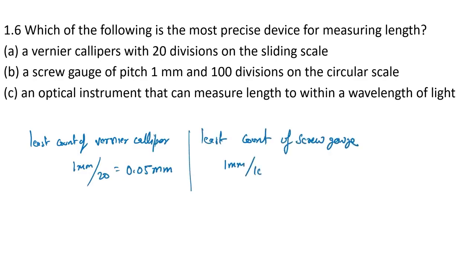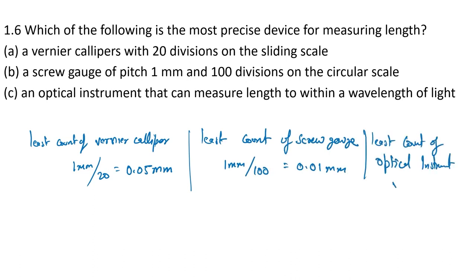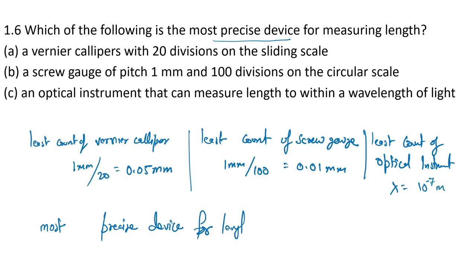The least count for the screw gauge would be equal to 0.01 mm, and the least count of the optical instrument would be the wavelength of light, which is comparable to 10 raised to the power minus 7 meters. So the most precise device for measuring length would be the optical instrument, because it can measure the smallest length among all these three devices.